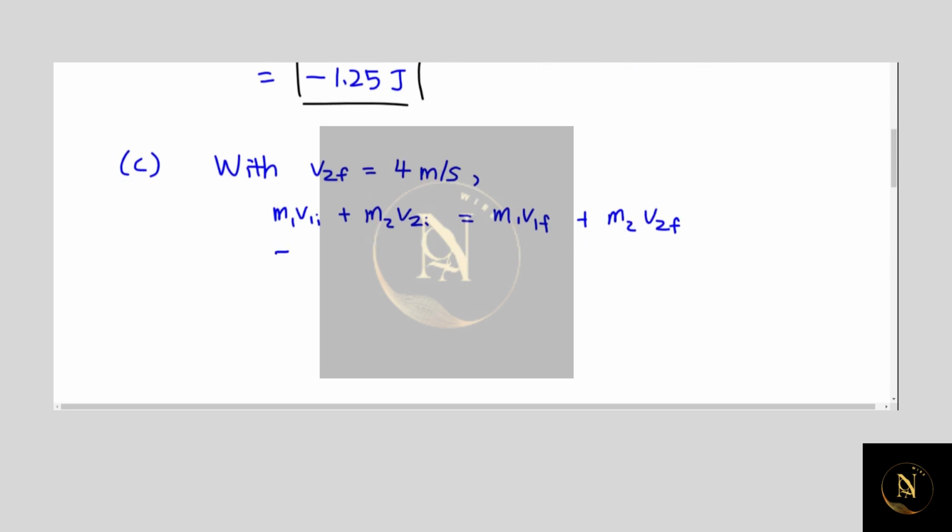So 5 times 3 plus 10 times 2 is equal to 5 V1F plus 10 times 4. We end up having V1F equals 7 minus 8, which equals negative 1 meters per second.